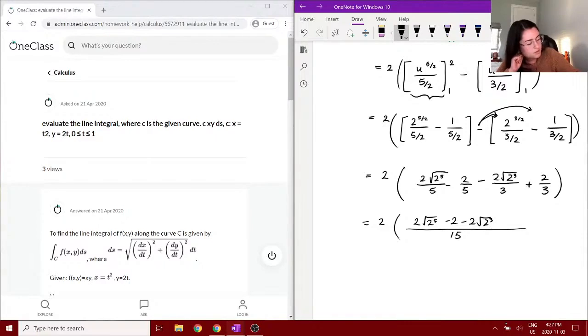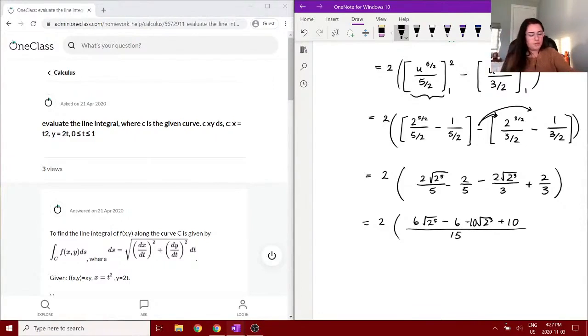Oh, I forgot to change every coefficient here. So in order to change that to a 15, we need to multiply it by 3. Can't forget. Minus 6, and then for this one, to change it to a 15, we need to multiply by 5. So we have plus 10.